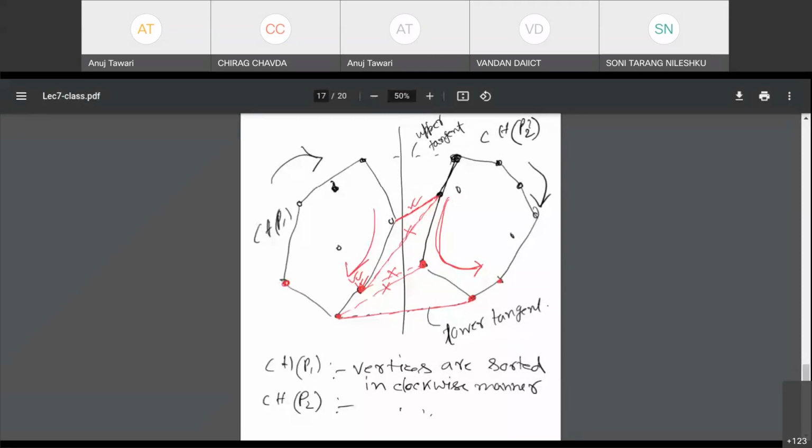So just assume that you have these convex hulls and you want to combine these two to create a big convex hull of the large set of points.